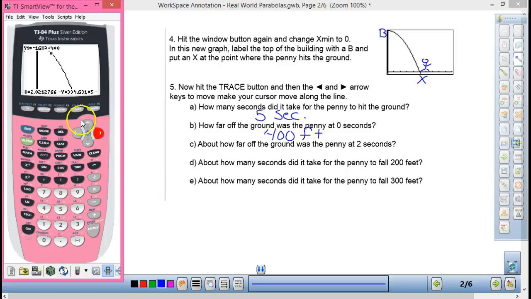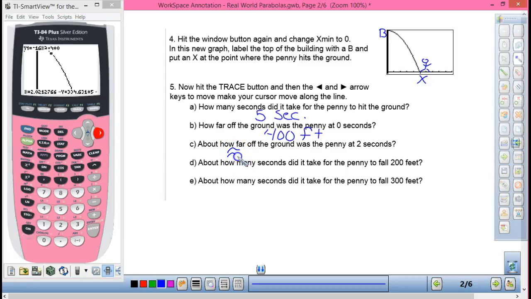Not 330, 333 is down below 2.02. Yeah, maybe 330 or 335, 336, somewhere in there. What am I labeling my answer as? Feet on this one, yep, because it's how far off the ground was it?